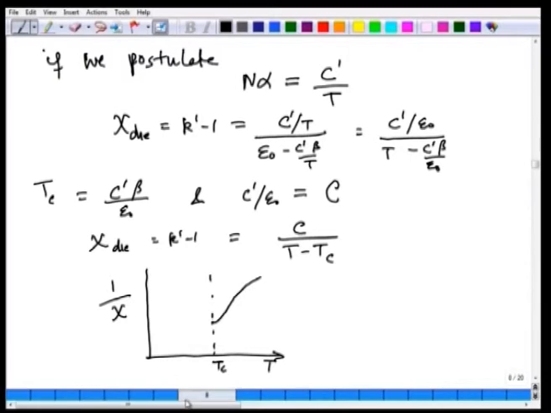A phase transformation occurs. Otherwise this would have continued to go down towards a value of 0, which means susceptibility would have gone to infinity. Because of the phase transformation we get a behavior which is something like this. It starts increasing again according to this expression, and this is what is called the Curie temperature.